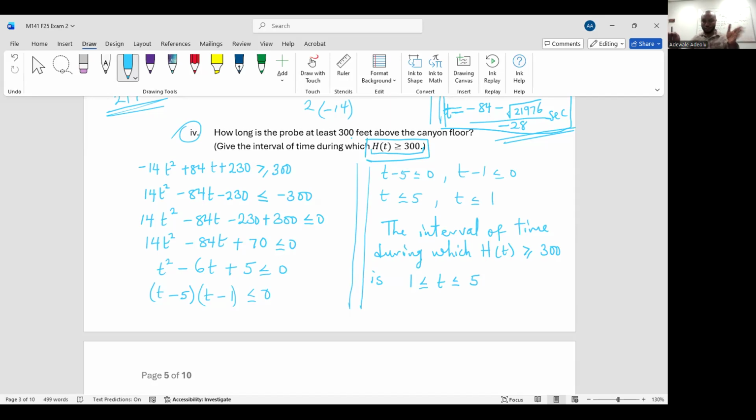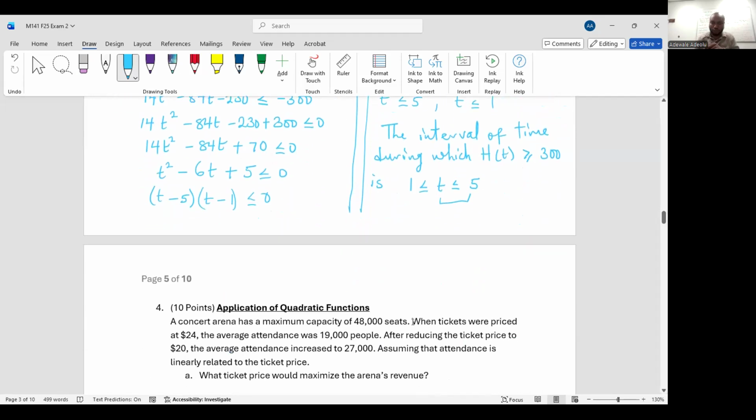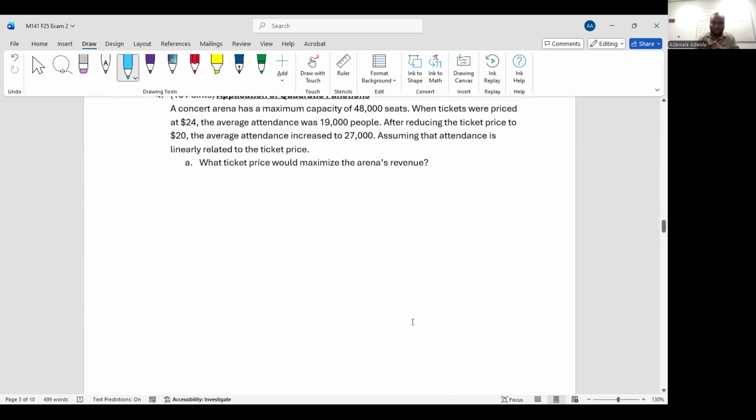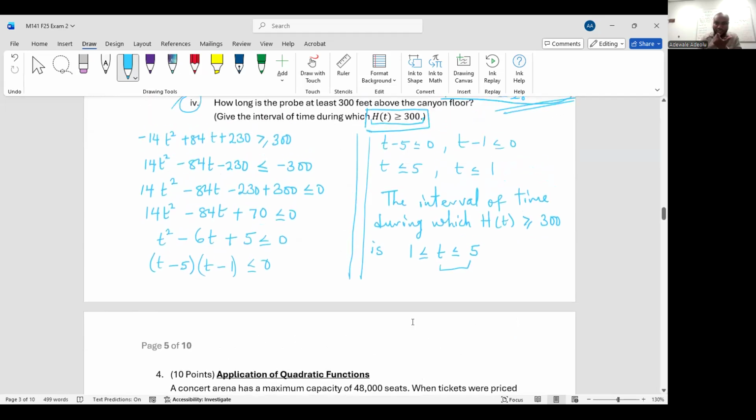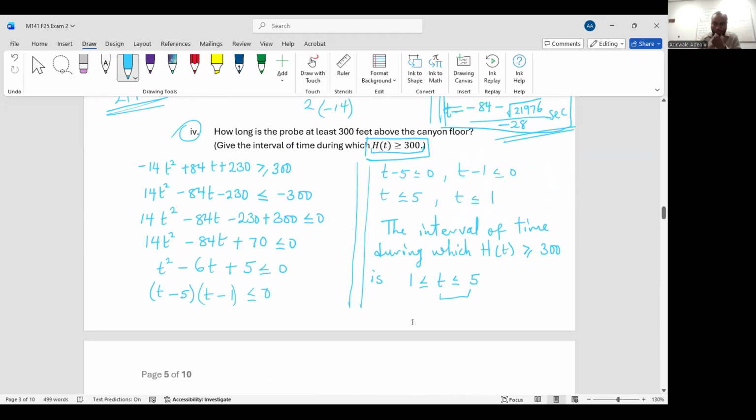So I can just say between 1 and 5. Between 1 and 5, right? From 1 to 5. So that is cool. At least for our case, that is good. All right.